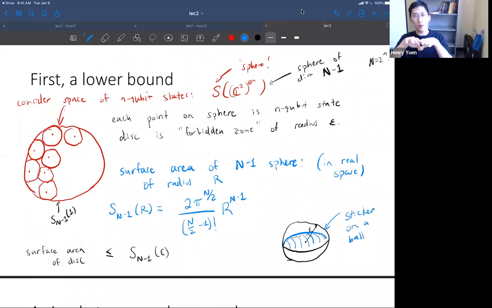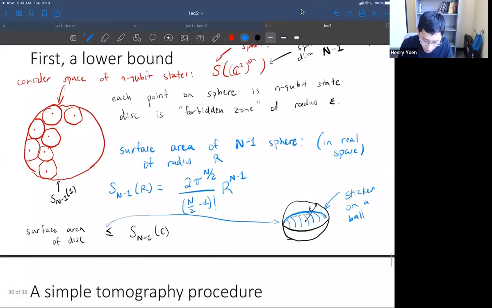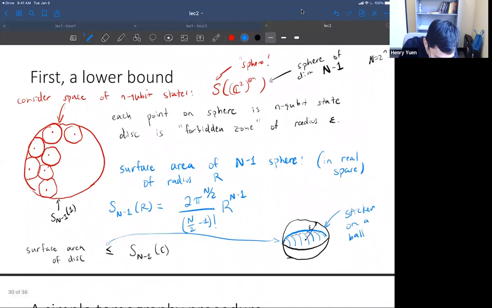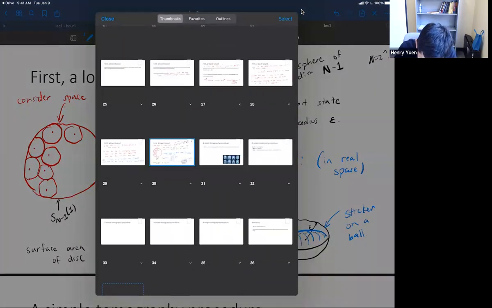Okay, so you want to know what's the surface area of the sticker of radius epsilon? And I claim that you might as well just say it's at most the surface area of the epsilon size ball. So that's where this inequality is coming from. Okay, let me add another page.